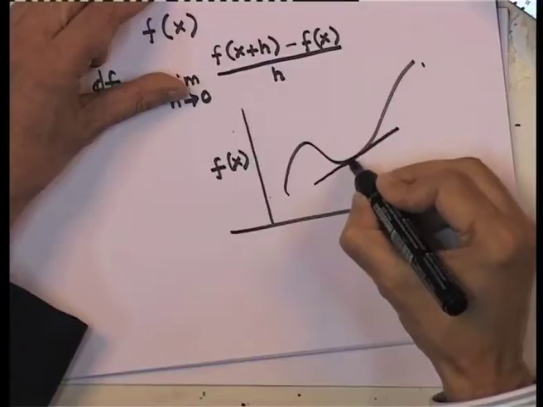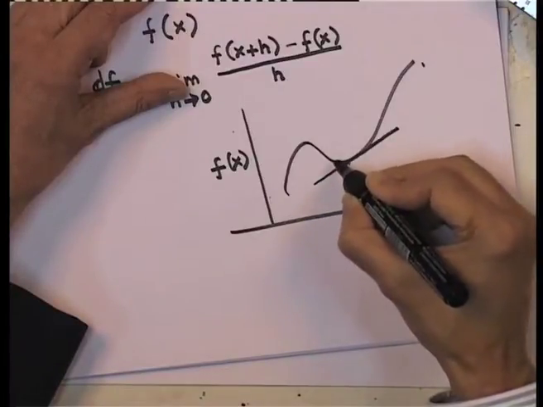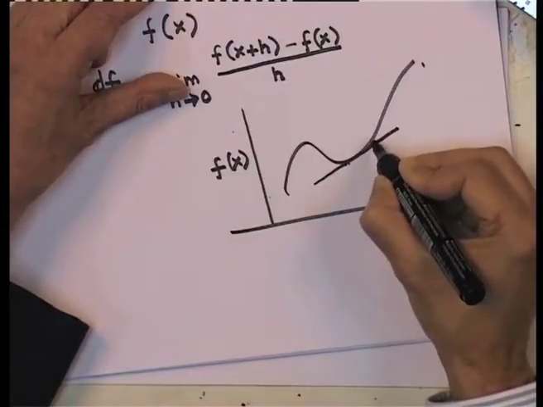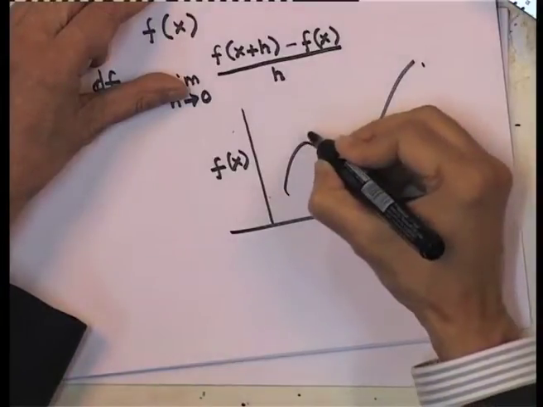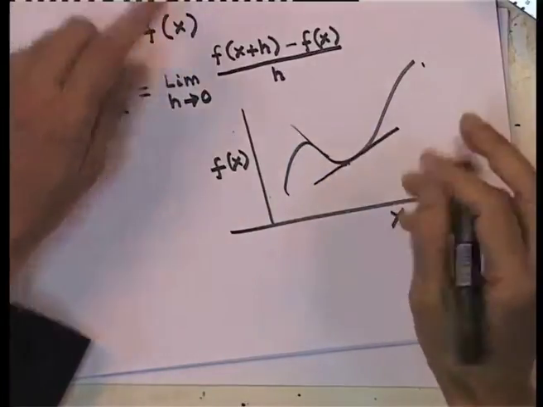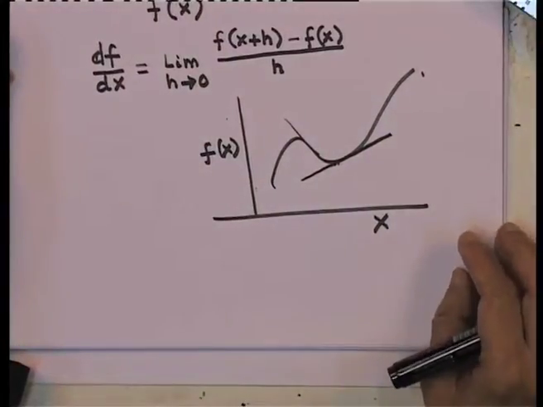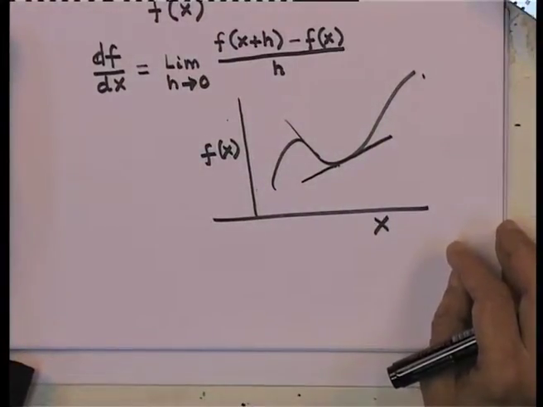In other words, at this point the slope is positive, which means the value of the function is increasing. On the other hand, if you are here for instance, then you notice that the slope is negative. So, slope essentially gives us an idea about the rate of increase or decrease of the function.